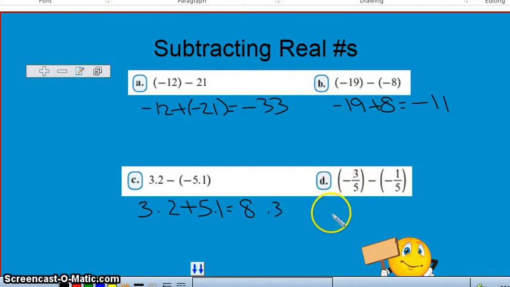All right, and this last one, we've got negative 3/5 minus negative 1/5, which we can write as plus the inverse of negative 1/5, which is positive 1/5. Negative 3/5 plus 1/5, they have a common denominator. Negative 3 plus 1 is negative 2/5. That's how we subtract by adding the inverse.